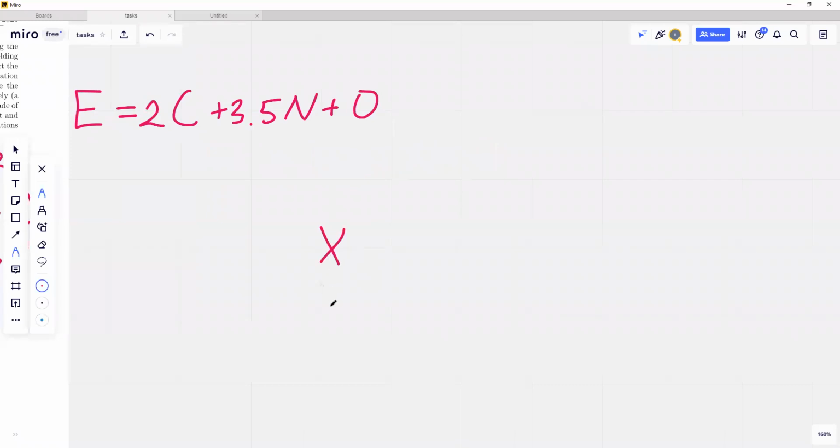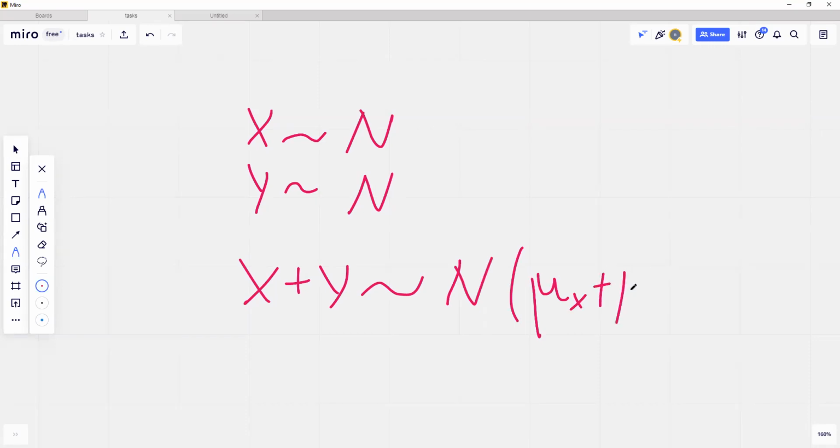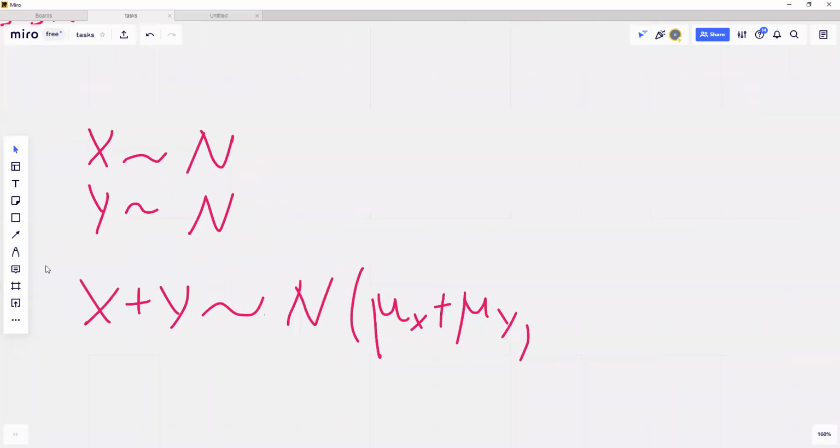For instance, if we have X and Y, and both are normally distributed, then their sum is also going to follow a normal distribution with a mean equal to the sum of the means of those two distributions, and a variance equal to the sum of variances, so sigma x squared plus sigma y squared.